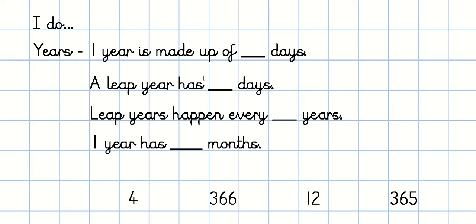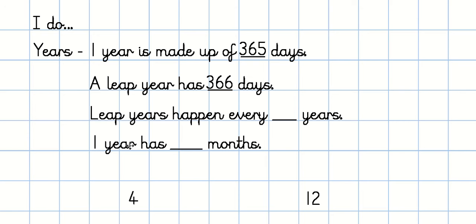Now you've had a go at filling in the statements, let's fill them in together. 1 year is made up of 365 days. A leap year has 366 days. So we know that a leap year has an extra day.